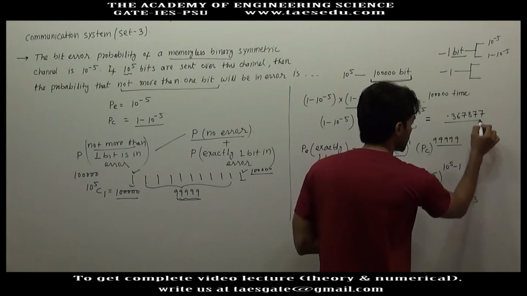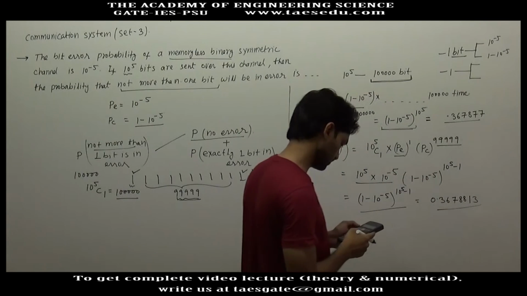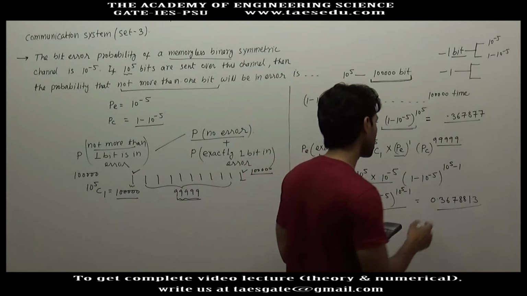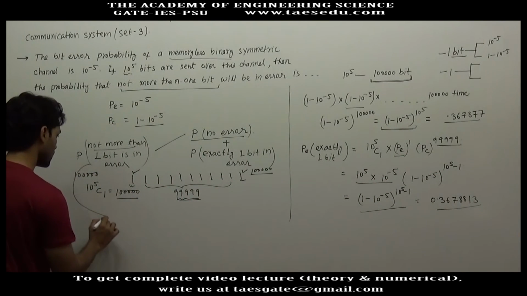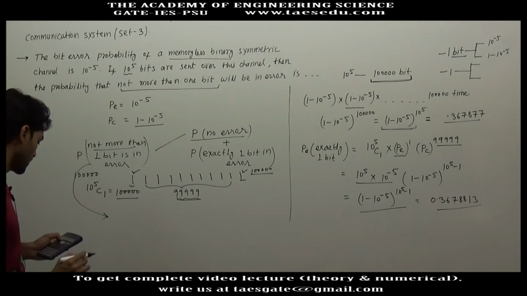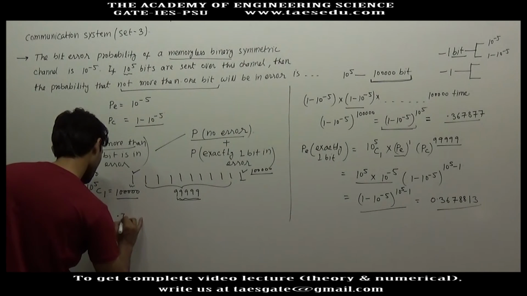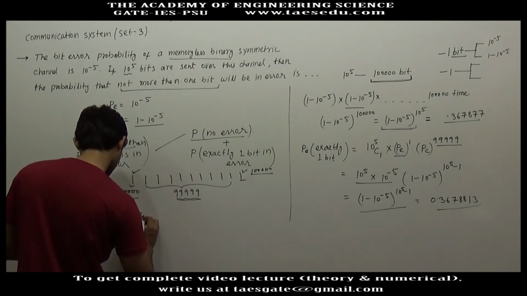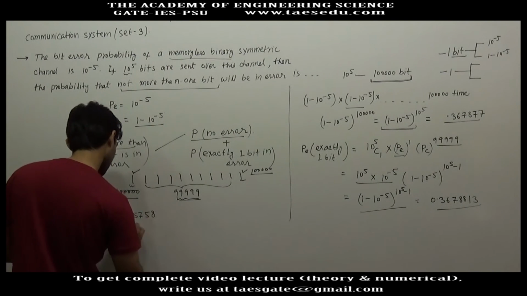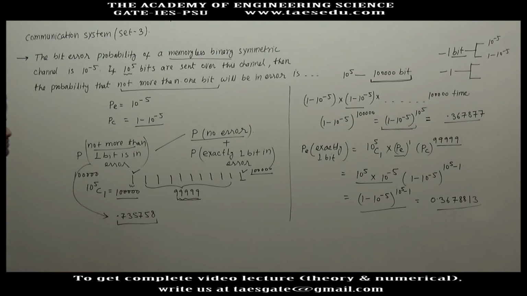So when you add these two probabilities, adding these two probabilities will give you the probability when not more than one bit will be in error, and this is 0.735758. So this will be the answer.